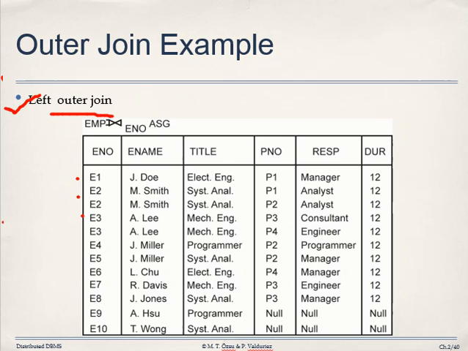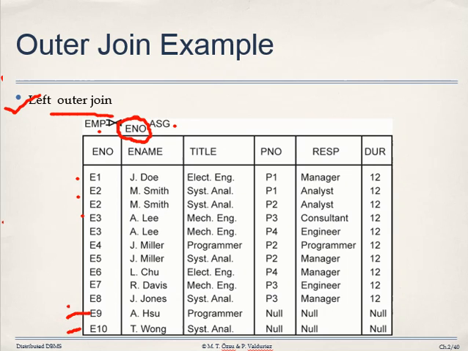Here we have a left outer join of the employee and ASG tables over the attribute employee name. Check the condition from here. In the ASG table we don't have any record that matches employee E10.